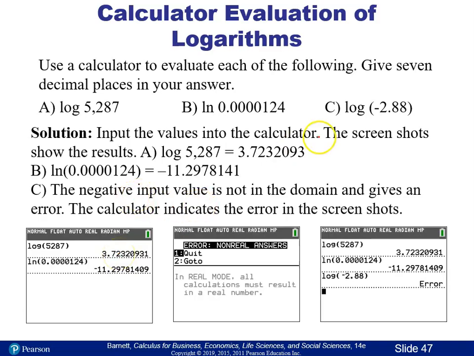And then when I try to take the log of negative 2.88, I do get an error message that says non-real answer or just says error. The reason being I can't take the log of a negative number, and therefore that's why the calculator is going to give me an error for my answer.